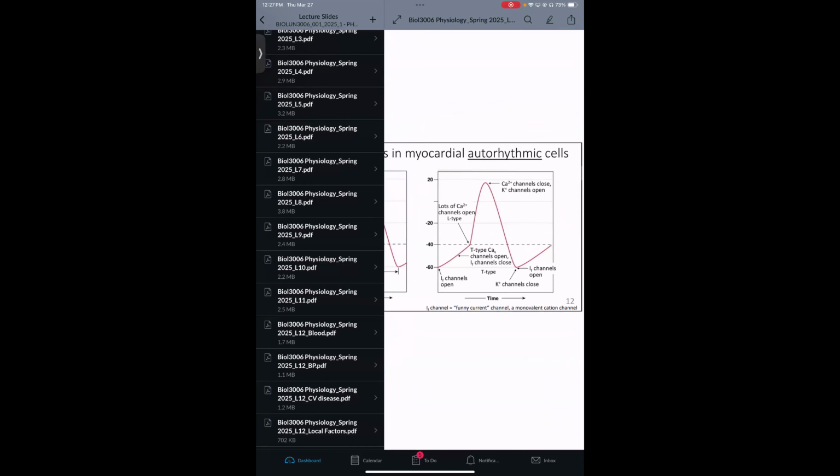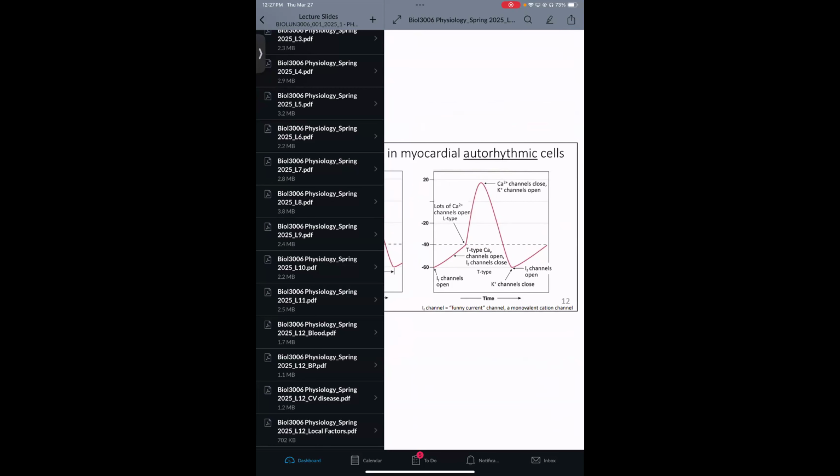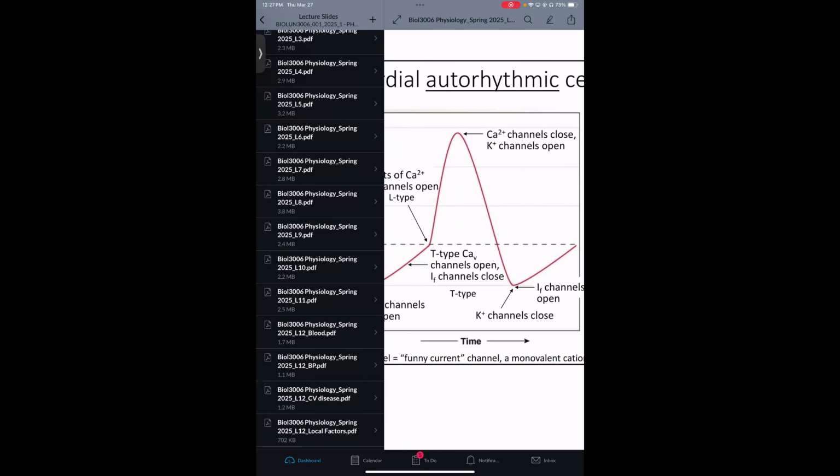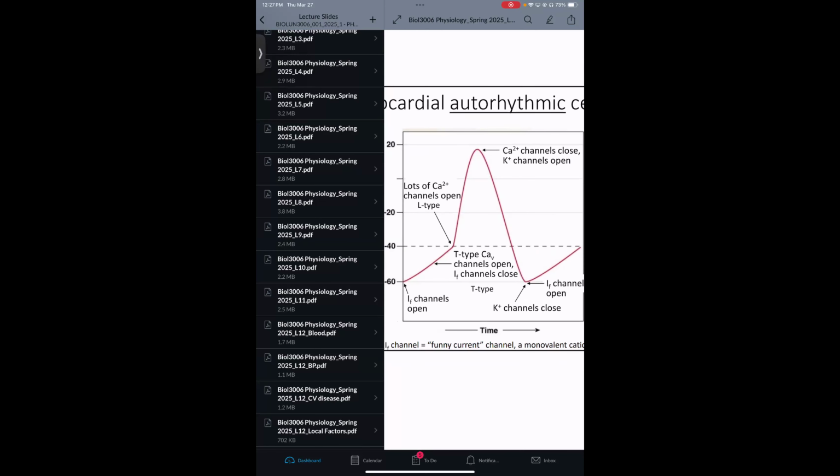I think it phosphorylates, does it phosphorylate I-funny channels? But they do increase I-f conduction. Is it just because they're making it come down sooner? Yeah.